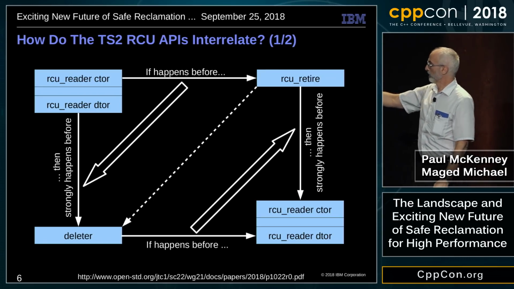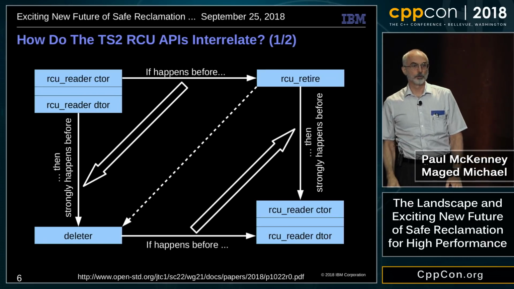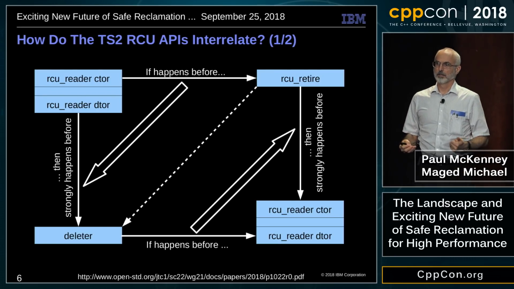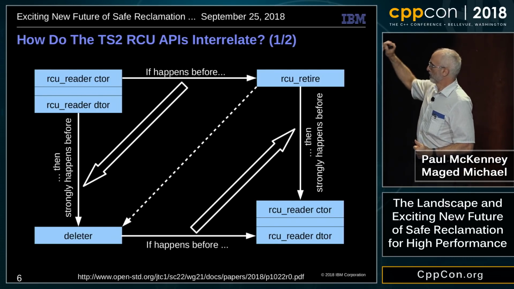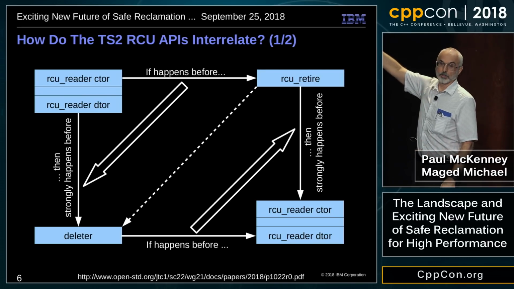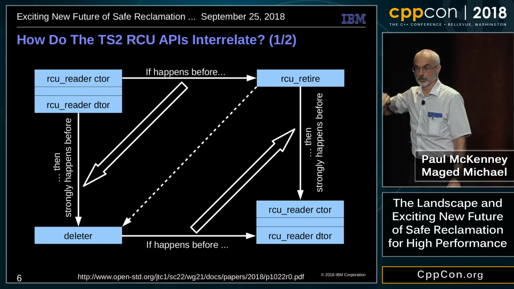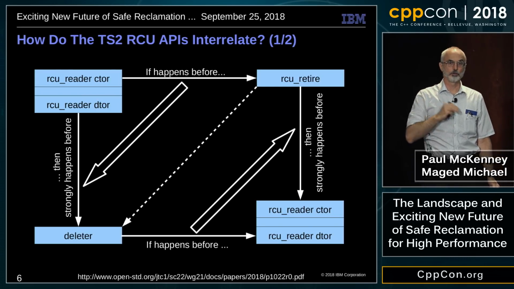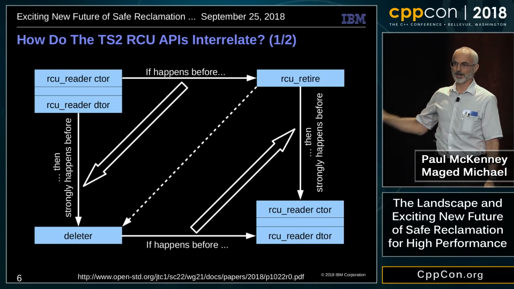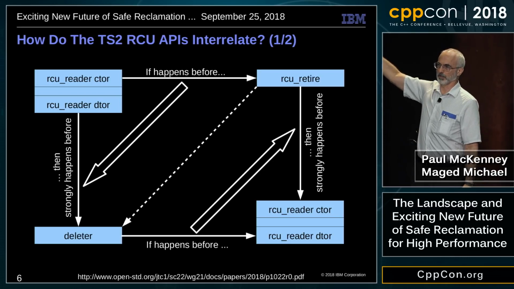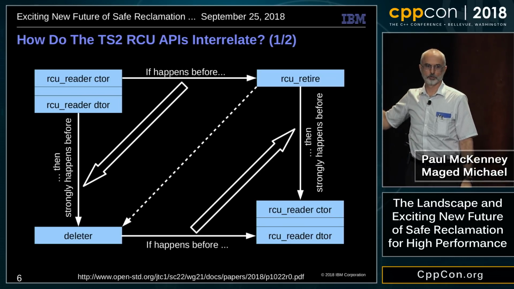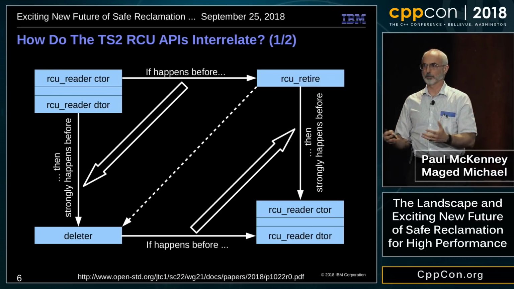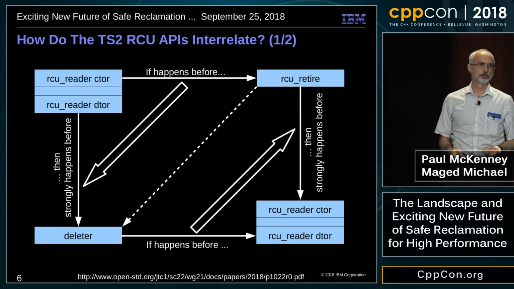On the other hand, if the deleter happens before your destructor, that means you can see this thing go away, then you're guaranteed that the corresponding retire strongly happens before your constructor. In other words, if you might see the results of the deletion, you're guaranteed not to see the early state where you might have been able to get a reference to the thing deleted. So that's the two ways that ordering happens for RCU and readers.